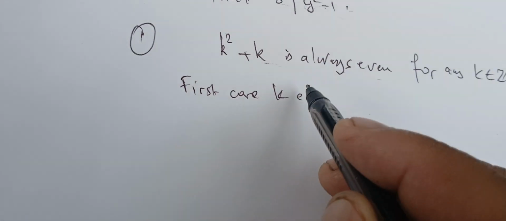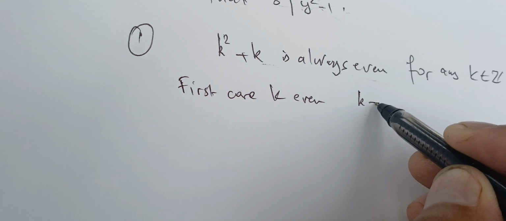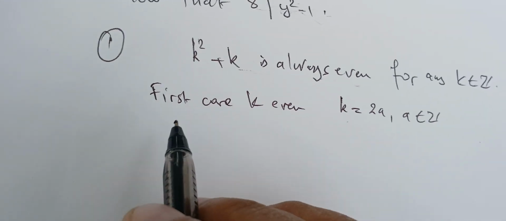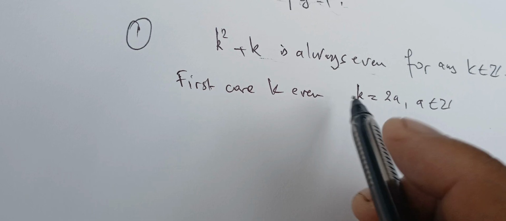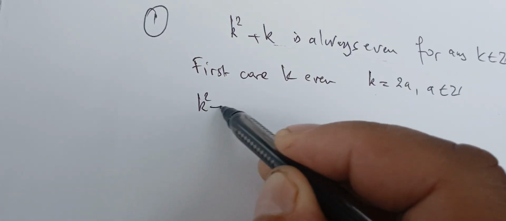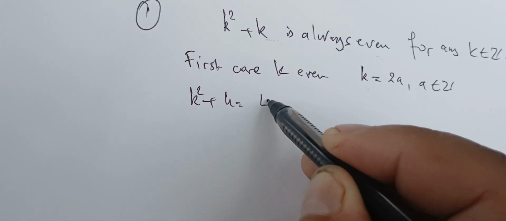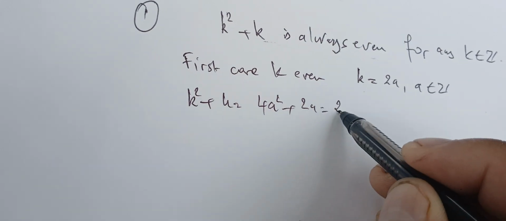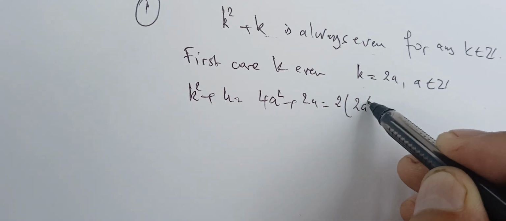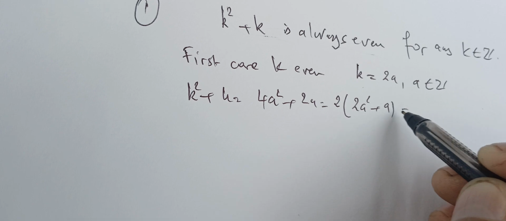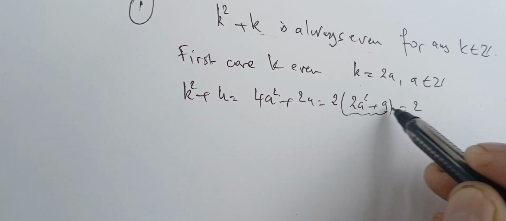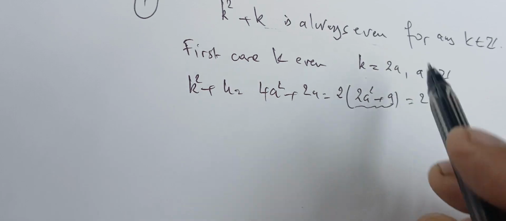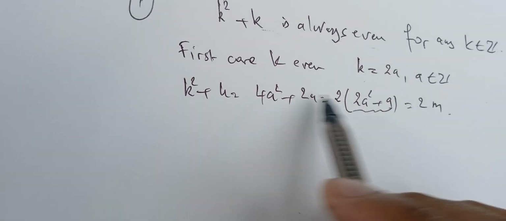If k is even, we can write k as 2a, where a is in Z. In this case, k squared plus k is 4a squared plus 2a, and if we factor out 2, we get 2 times 2a squared plus a. If we let this be m, that means k squared plus k is 2m. That means it's an even number.